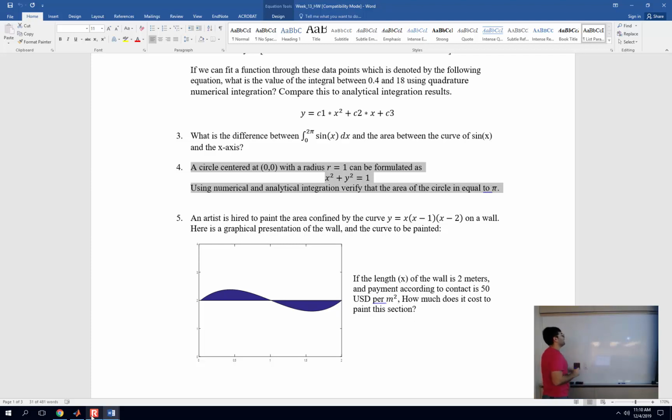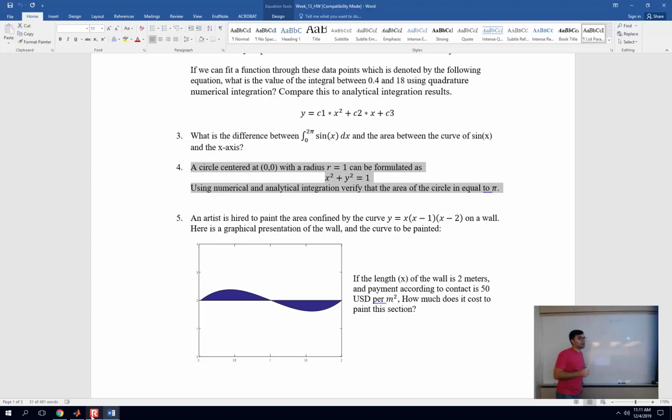So the area is basically this, right? All of it. It's going from -1 to 1, isn't it? So that's half of the issue. Then my function is x squared plus y squared equal to 1.